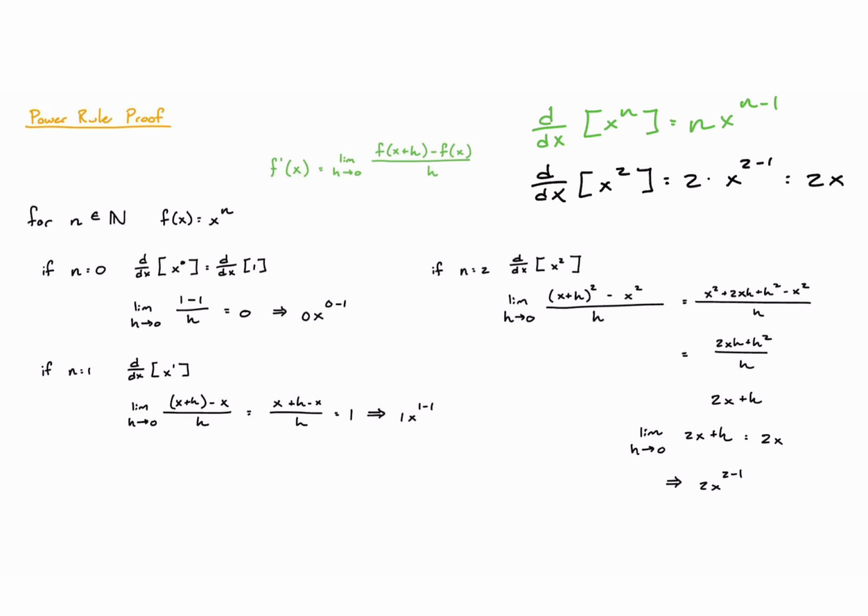And we can take an h out of both terms, and we get 2x plus h. And then we do the limit as h approaches 0, we just get 2x. So this is written as 2x to the 2 minus 1, which is 2x to the first power. And you can go ahead and prove this with any number that you'd like using the limit definition of derivative.